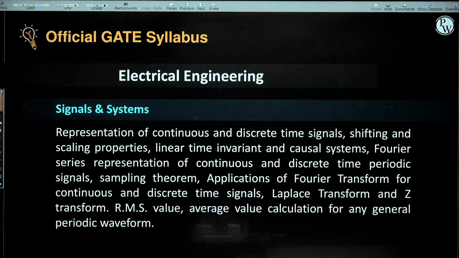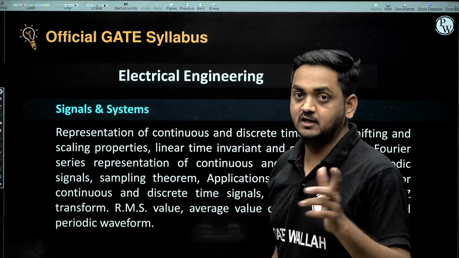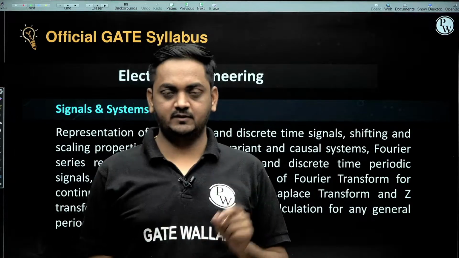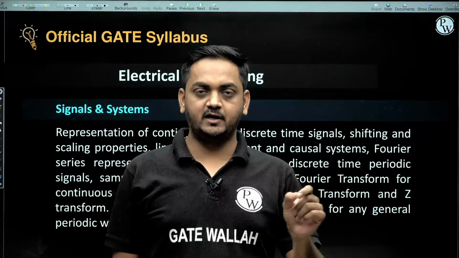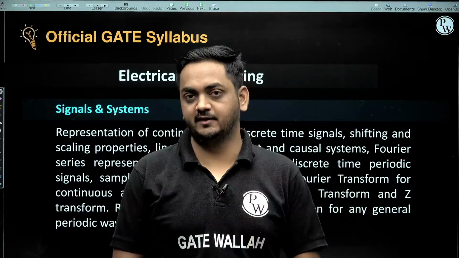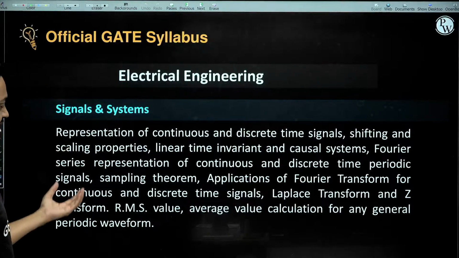Before starting any subject, you have to understand the total syllabus of that subject. This signals and system subject is common for electrical engineering, electronics and communication engineering, and instrumentation engineering for the GATE exam. These are the syllabus as per the GATE exam.